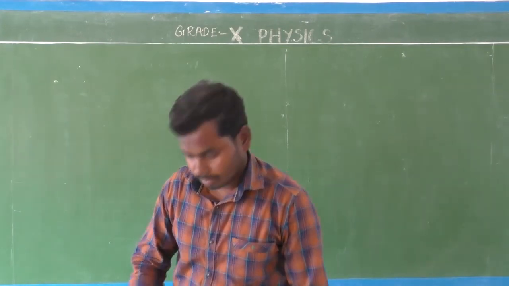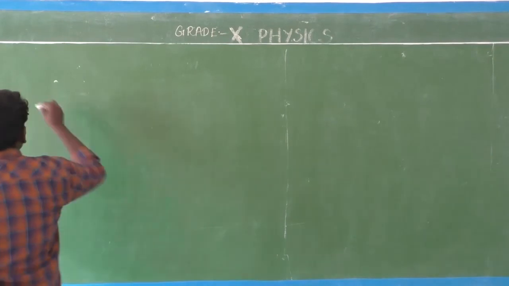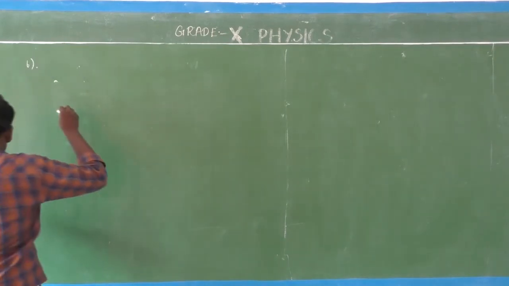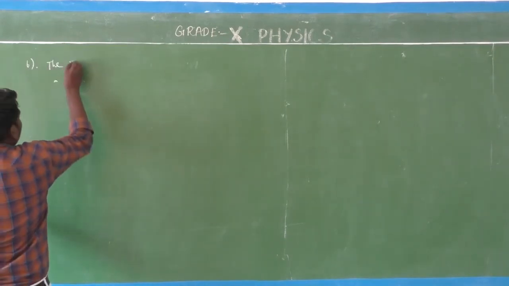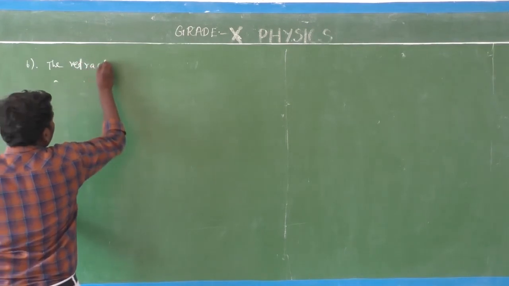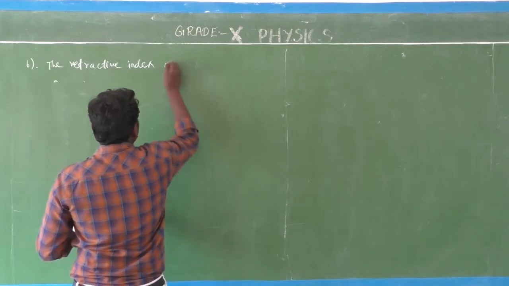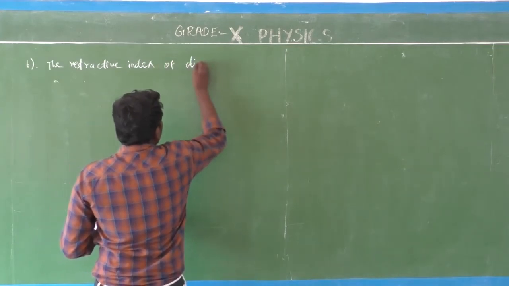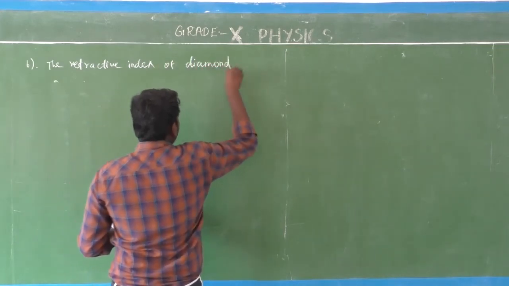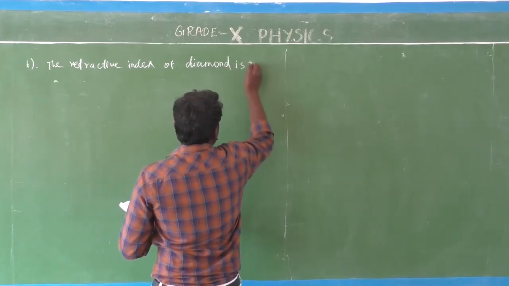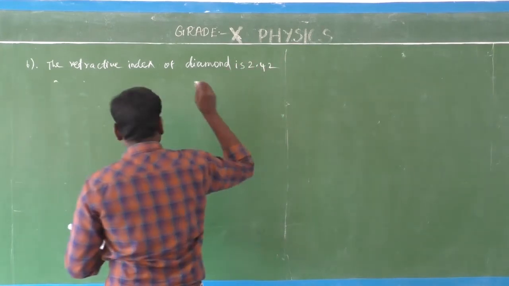So 6th question. The refractive index of diamond is 2.42.